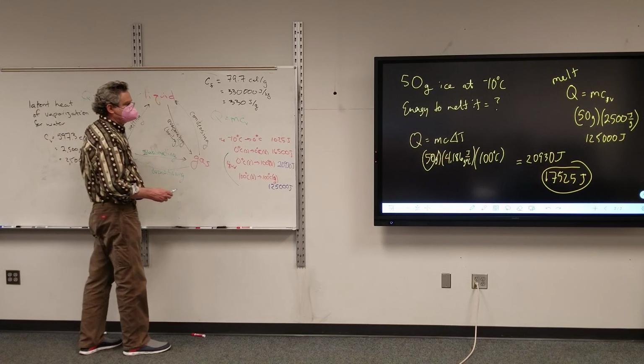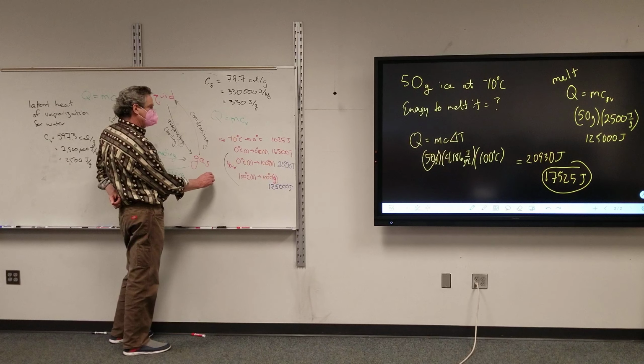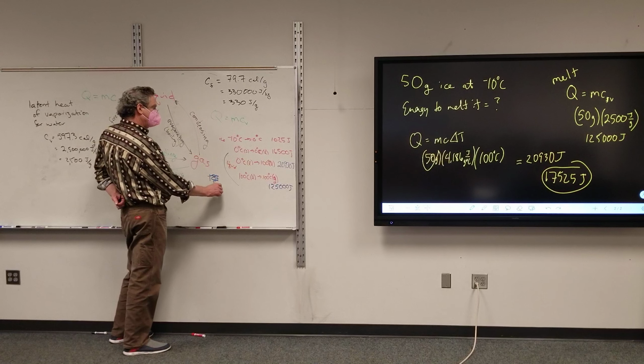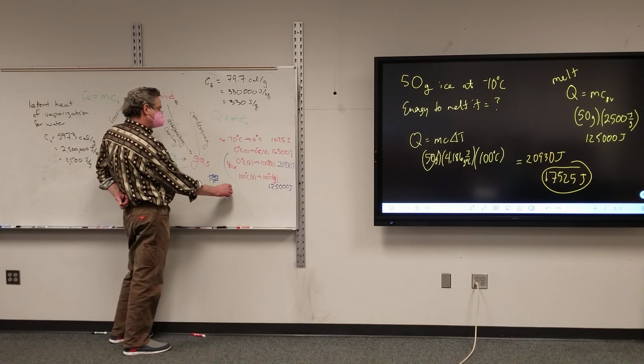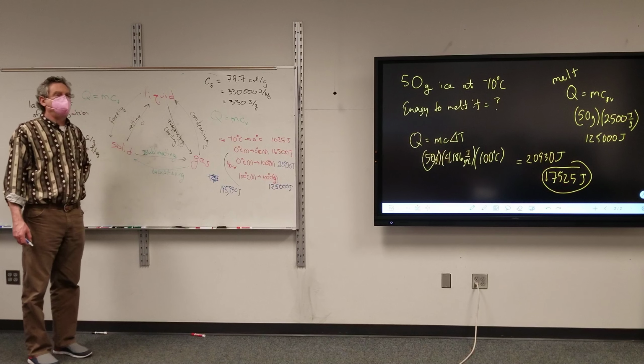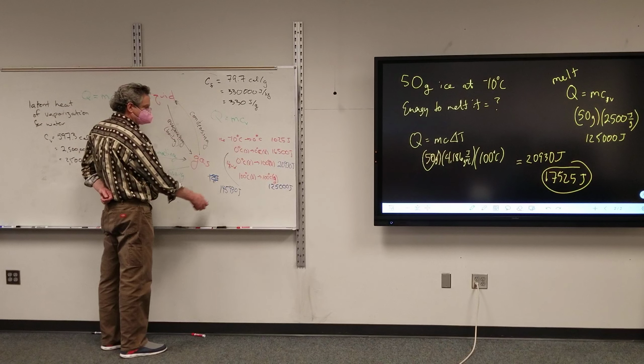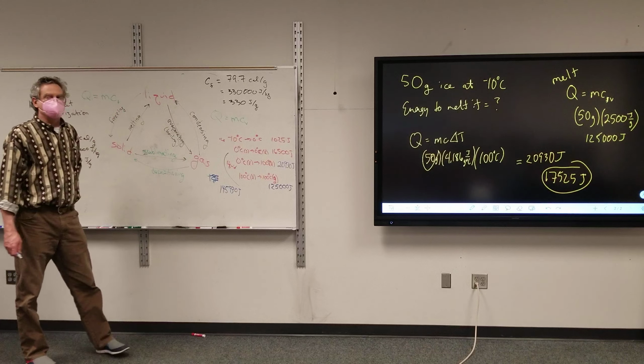And so, doing the fancy math, I got 1, 3, 4, wait, no, that's 20, so we'll try that one again. 1, 4, 5, 9, 30 joules. 145,930 joules.